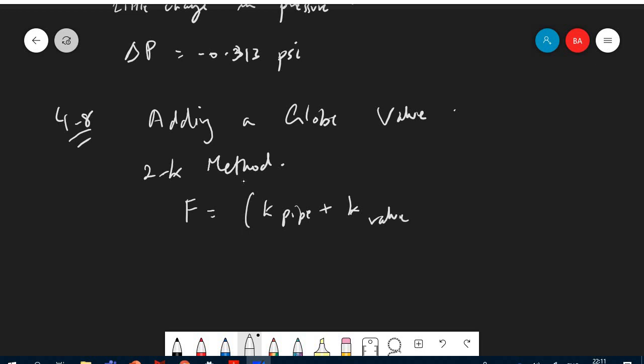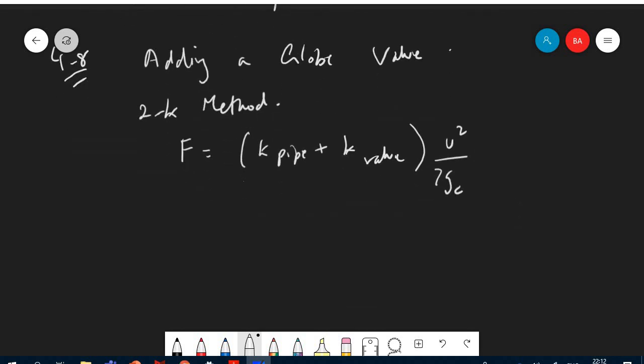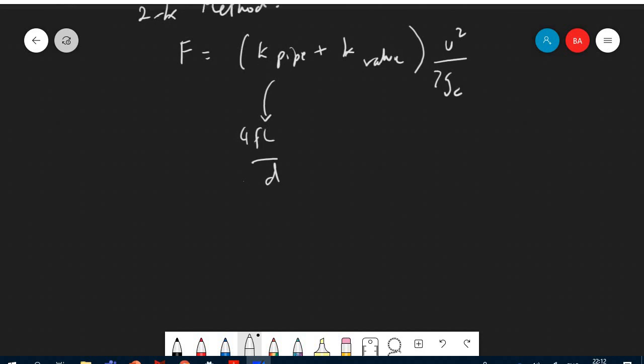It's not only the K by itself. My KF here is K into U squared over 2GC. Now my K is not as simple as that. I already calculated K pipe, which was 4FL over D. What about the K valve?